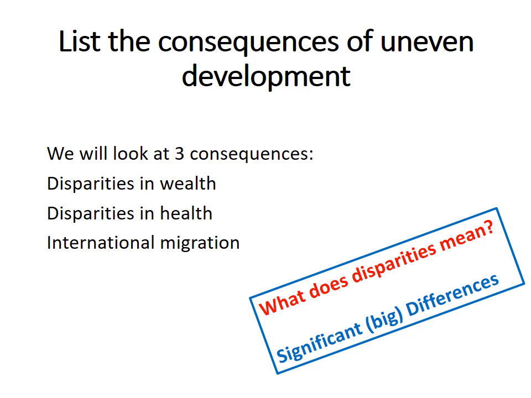Well, it basically means significant or big differences. So when we're talking about a disparity, we're talking about things where there's a big difference between two or more things. Okay? So big differences in wealth, big differences in health, and then international migration. Okay.